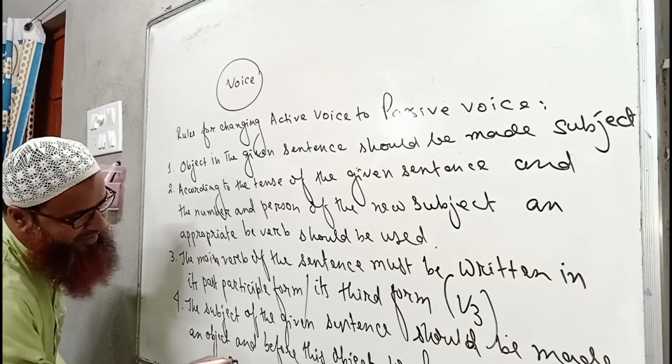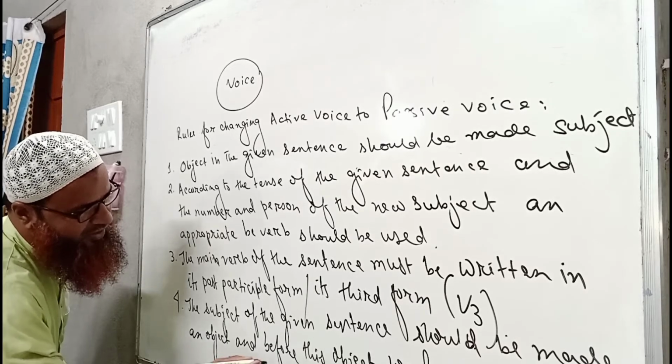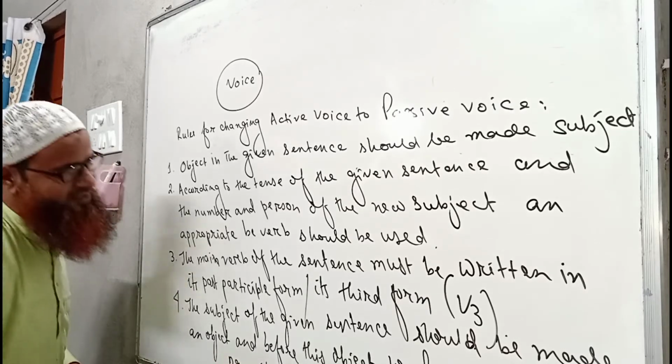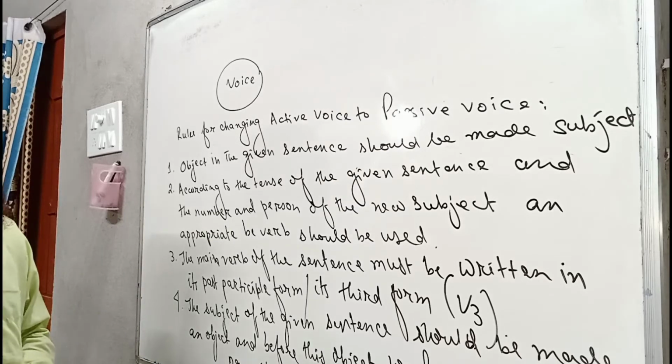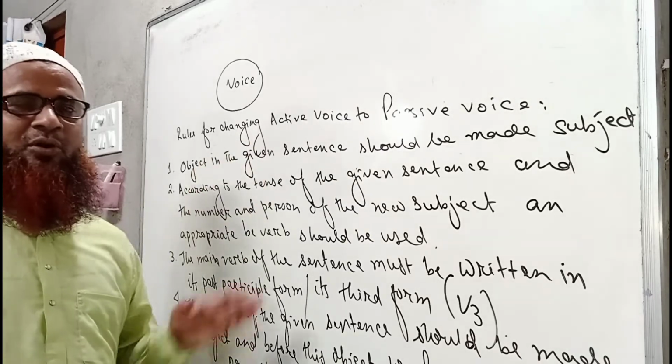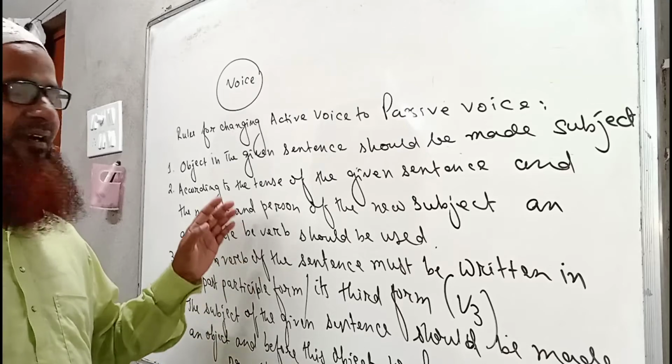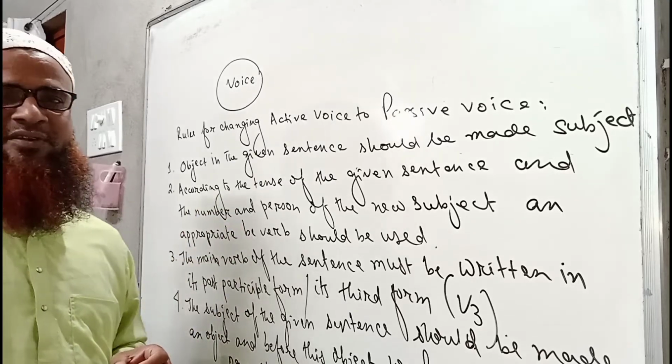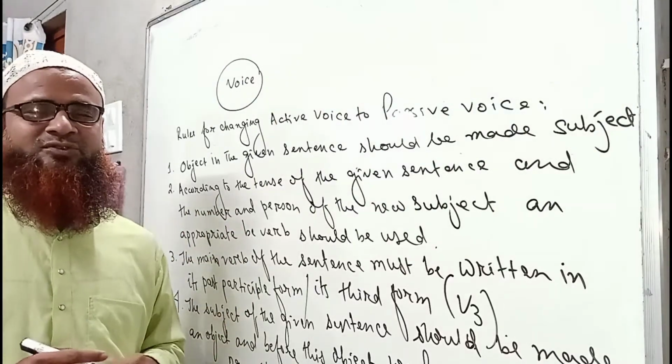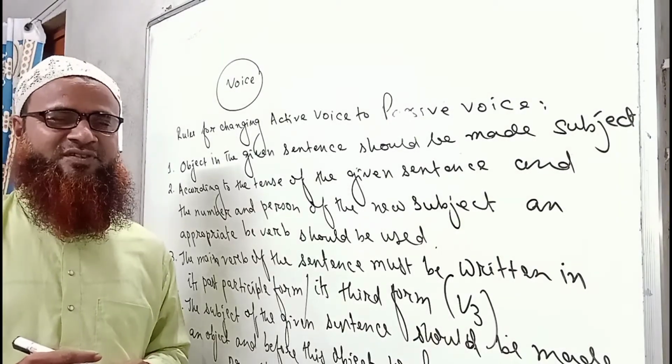Okay, by preposition is very important for changing a voice from active to passive. So here we have got 4 main rules, and if we know these four rules, this will be enough to know active and passive voice.